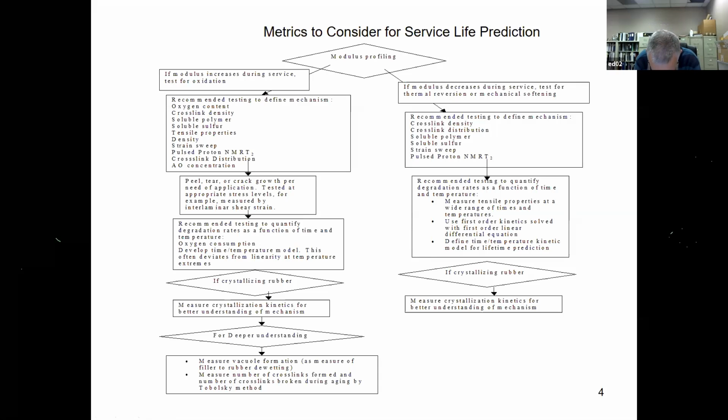We use the same reactors, but we make sure that all the oxygen has been scrubbed, or removed from the reactor, and then we can put it into the oven and age it at different times and different temperatures under pure anaerobic conditions.